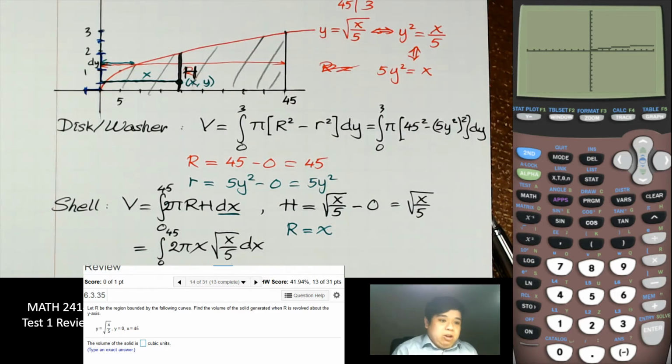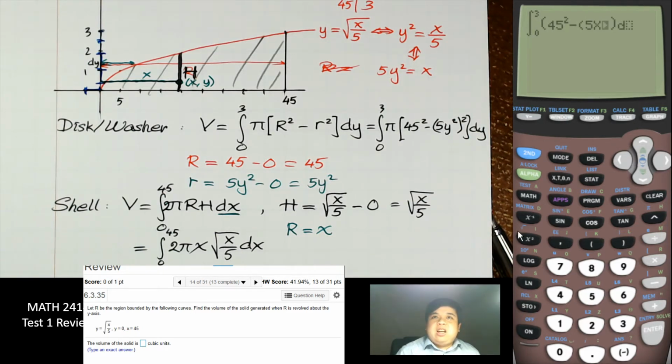Also change the color of the calculator, maybe that helps. Right, math number 9, that goes from 0 to 3, 45 square minus 5y square.